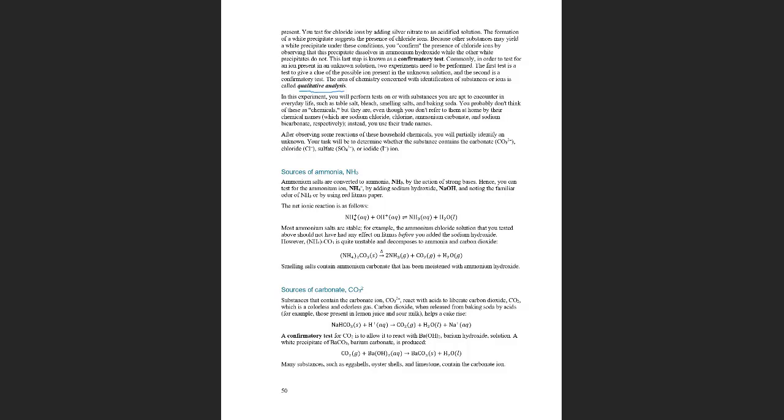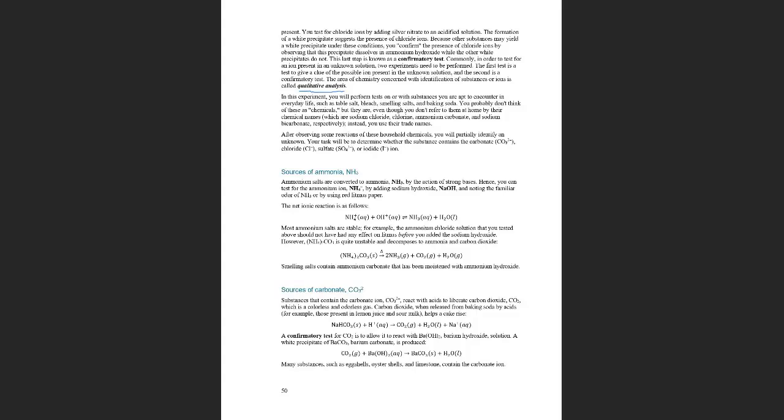For example, if we are testing chlorides, the first test will be adding silver nitrate, and we mix the two solutions that are clear solutions, and we obtain a precipitate. But because there are many ions that can give us a white precipitate, we need a second test. We need to confirm.